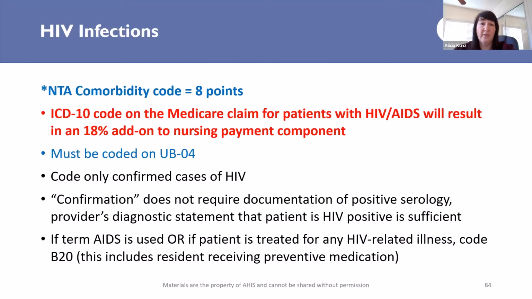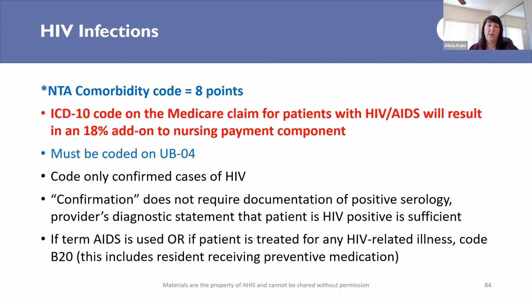For HIV infections, just know that this is an NTA comorbidity worth 8 points. In addition to it being an NTA comorbidity with the highest number of points, so your reimbursement increases for that, we also should know that it leads to an 18% add-on to our nursing payment component, and that stays the same throughout the entire claim.